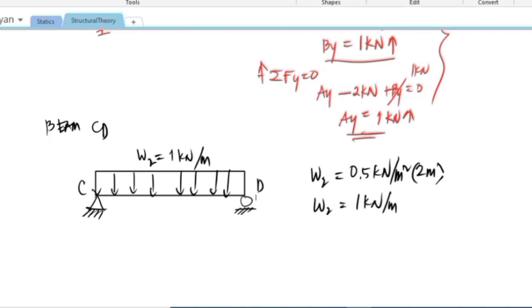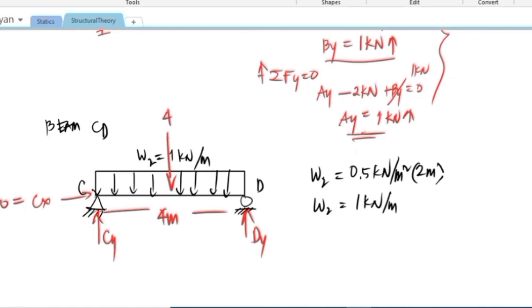Okay, how about the reactions? For the reactions, at point C, of course, we have here the Cy and we have here the Cx. Summation of horizontal forces is equal to 0, so therefore Cx is equal to 0. And this is the Dy. Now, this is a uniformly distributed load and this distance is 4 meters. So it is just the area of the load diagram, 4 times 1.